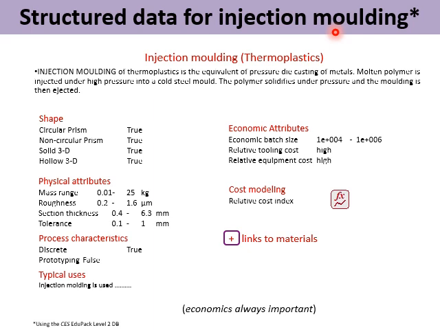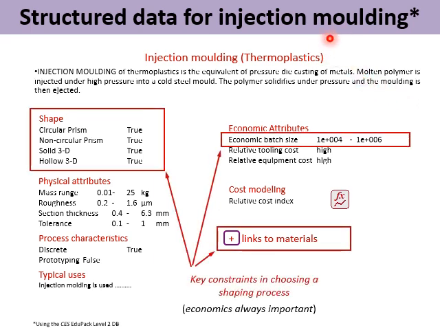Structural information includes the identification of the process as discrete, like stamping, or continuous, like wire drawing, and information about economics, most usefully the economic batch size, the production run needed to justify the cost of the dies, molds, and other tooling. The key constraints in choosing a process are the shape, the batch size, and the material that is to be shaped, captured by the links to material.